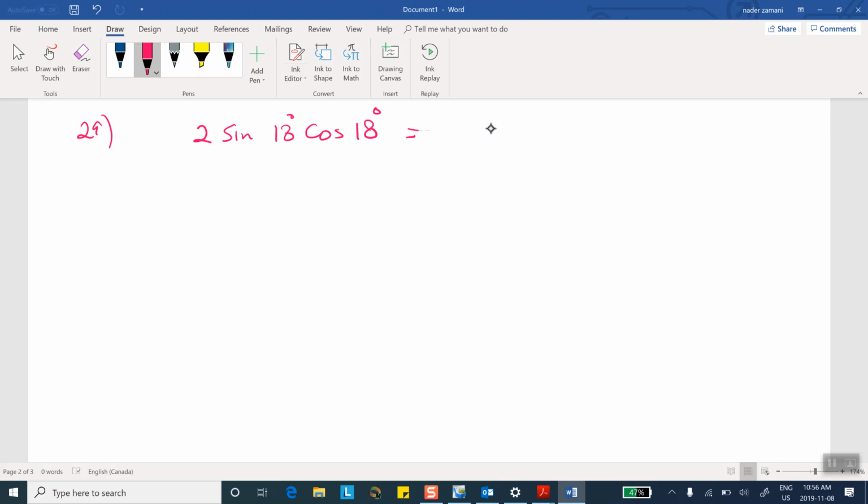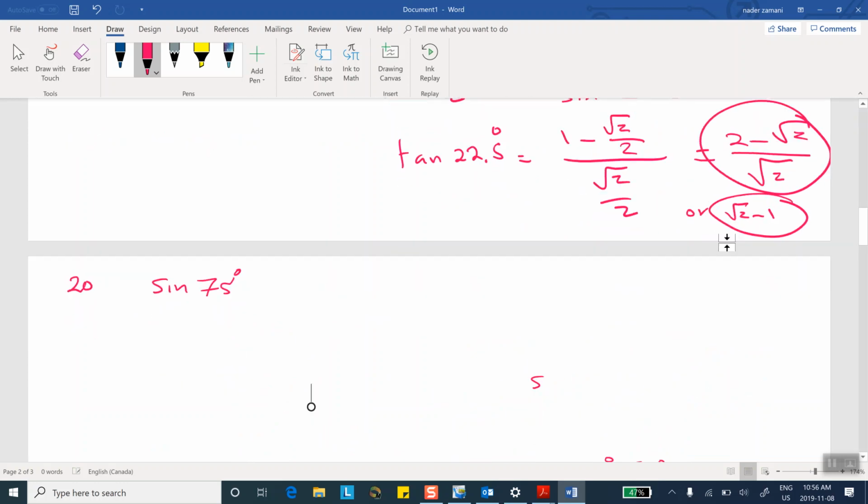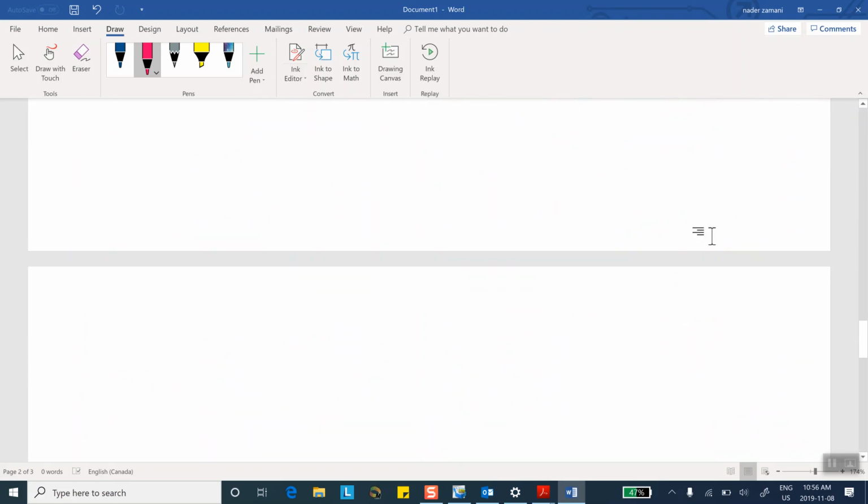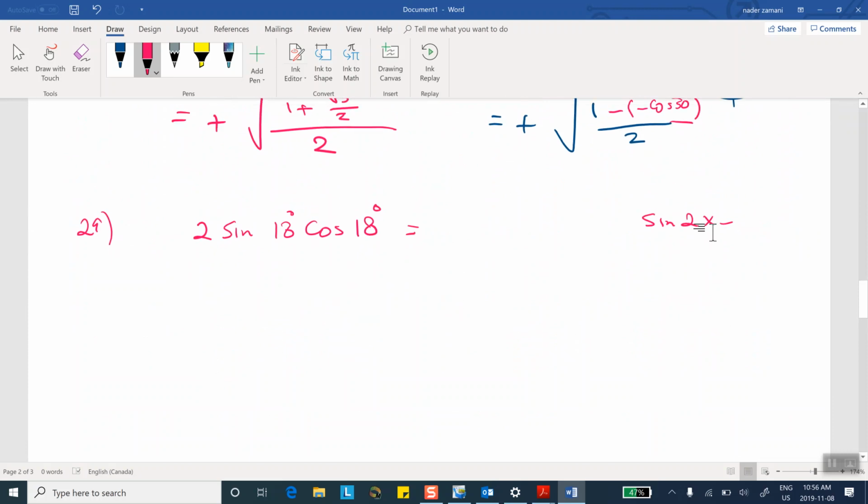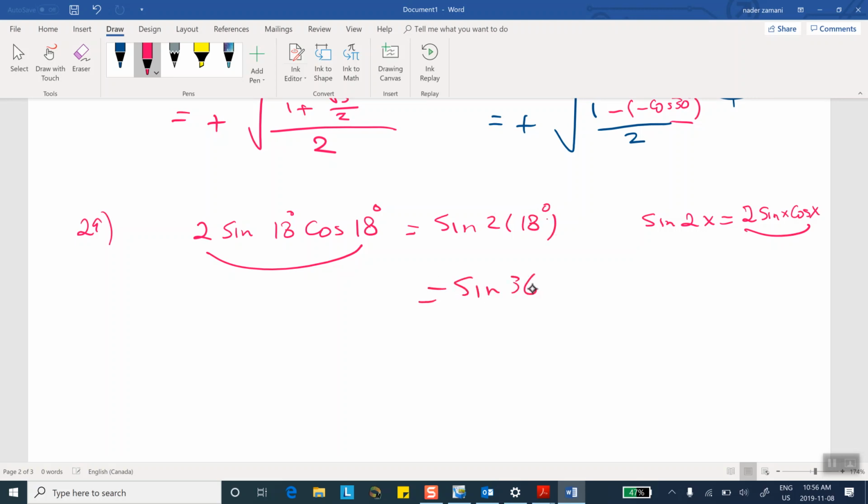Well, we know that sine of 2x is equal to 2 sine x cos x. So this is going to be sine of 2 times 18 degrees, and this is sine of 36 degrees. That's all you can do.